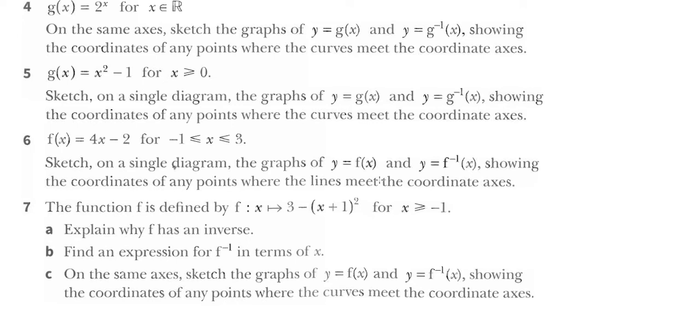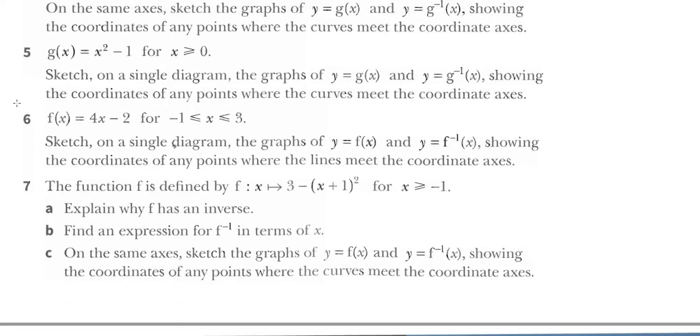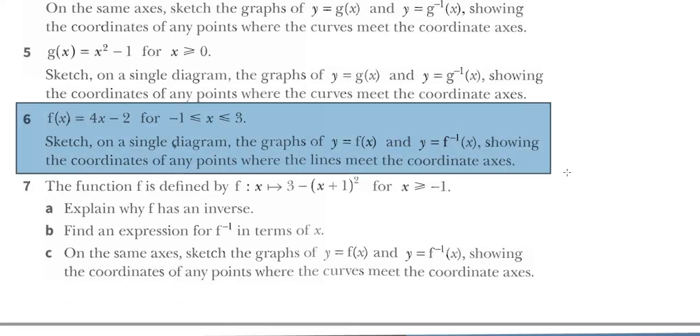So let's have a look question number 6. So this is question number 6. f(x) is equals to 4x minus 2 for the domain of x from minus 1 to 3.